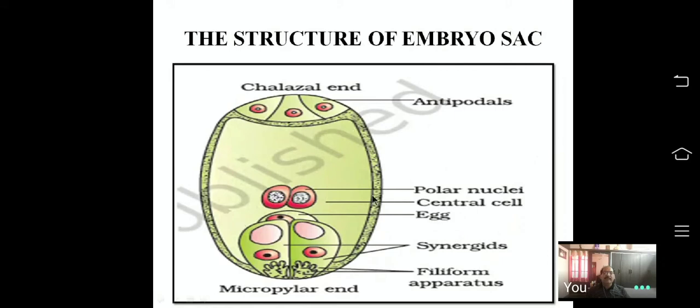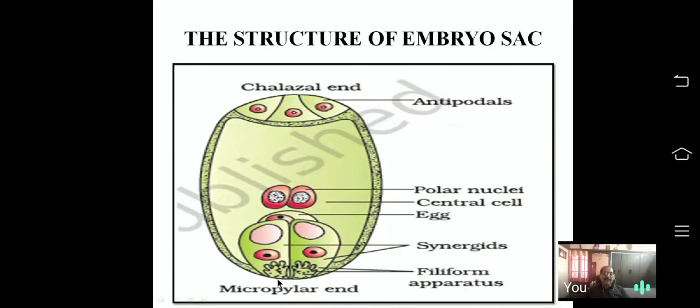Embryo sac is externally covered by nucellus tissue. This is the chalazal end. This is the micropylar end. The chalazal end consists of 3 haploid cells. 1, 2, 3. All the 3 haploid cells together are called antipodals.